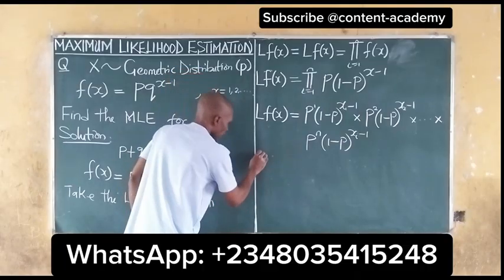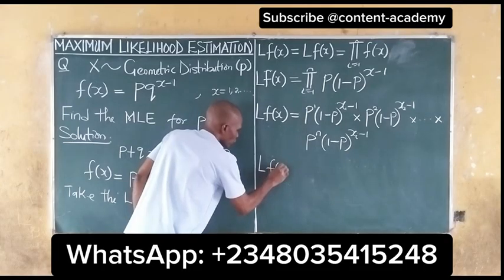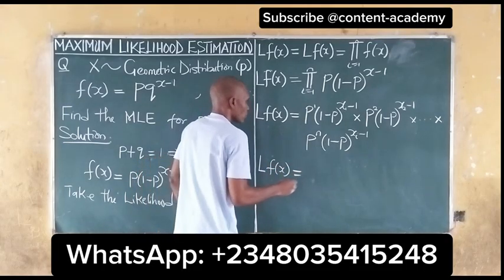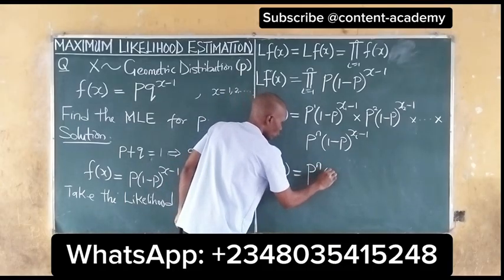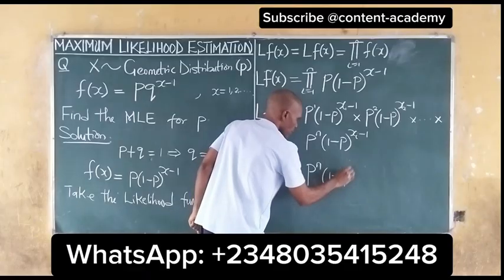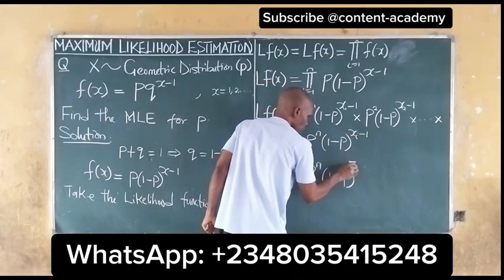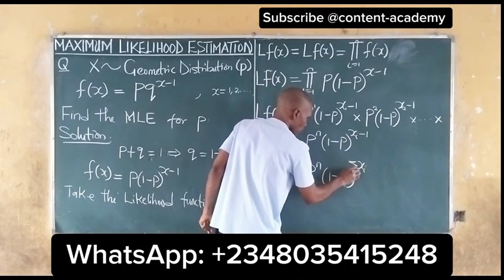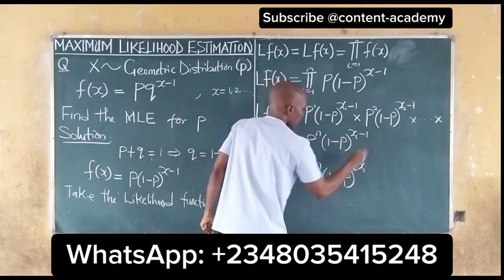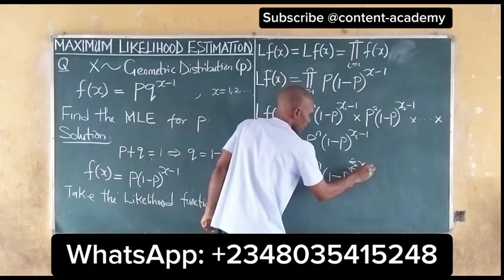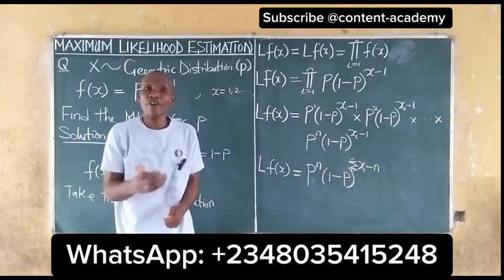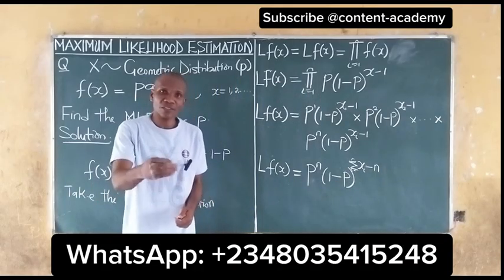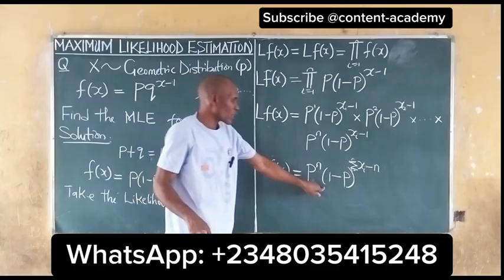So this is what we got. It then means that we can write our likelihood function to be equal to p raised to the power of n into (1 minus p) raised to summation of xi minus n. Because if you take the product of a constant, you get n times that constant. So this is what we get.